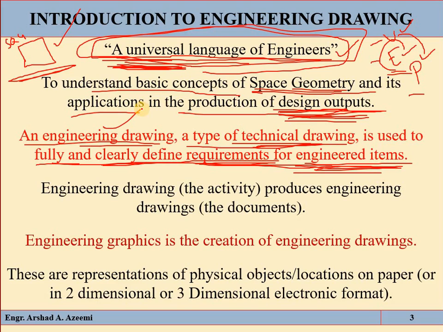We can say that engineering drawing is an activity. It is practical work through which we can produce a drawing, and the drawing will be a type of document, a type of drafting. When you practically draw different types of lines, at the end you will get some shape, some sketch, some drawing.